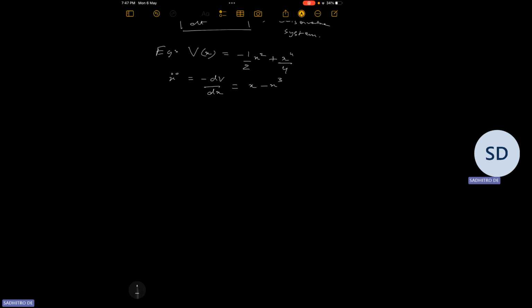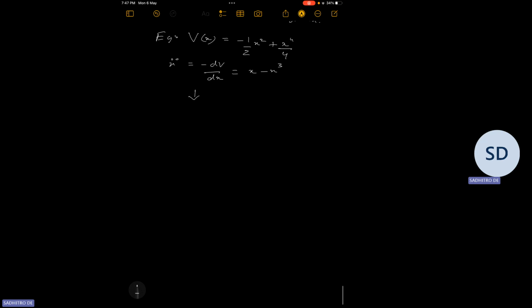This can be written as two coupled first order systems, x dot equals y, y dot equals x minus x cubed, where y is basically the velocity of the particle, which is x dot.